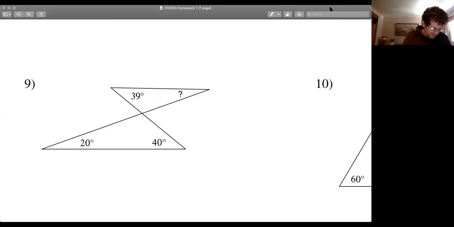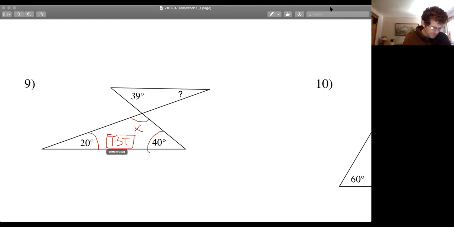So now let's see what's going on. Since this is where my unknown is, I'm going to have to start at the other side of the diagram and work my way toward it. So I've got 20, 40, and I'm already seeing something here. This is a triangle, so I should be able to solve for this angle X using the triangle sum theorem.